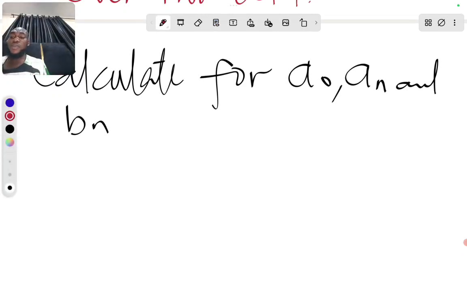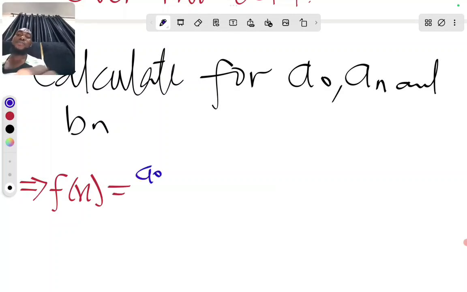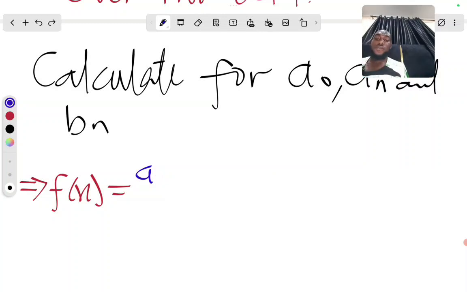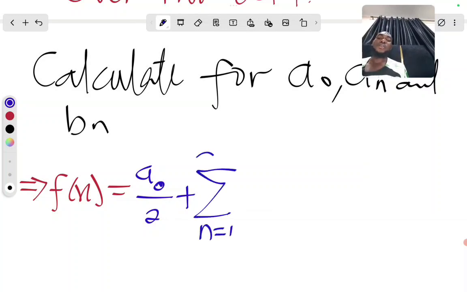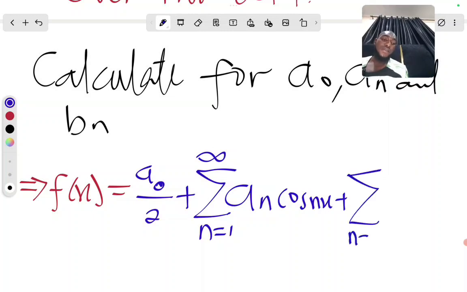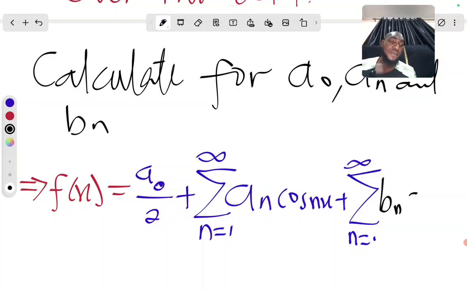So this implies that the Fourier series is equal to a naught over 2 plus the summation as n starts from 1 to infinity an cos nx plus the summation as n starts from 1 to infinity bn sin nx.